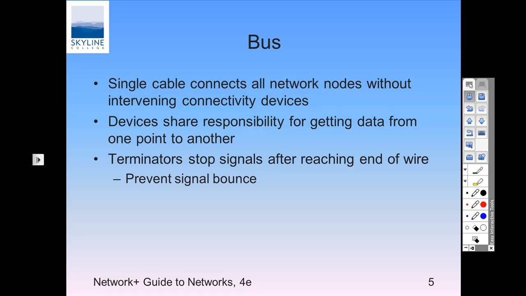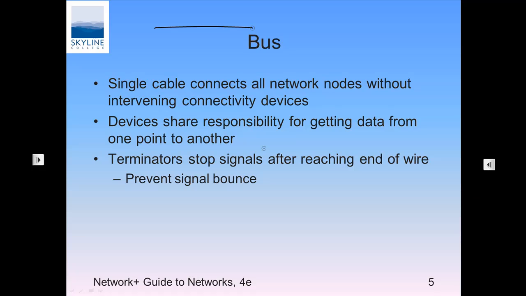If we didn't have a terminator here, the way electrical properties work, this signal going out here gets to the end and it'll bounce back. So you can get the signal bouncing back and forth. It won't ever go away.